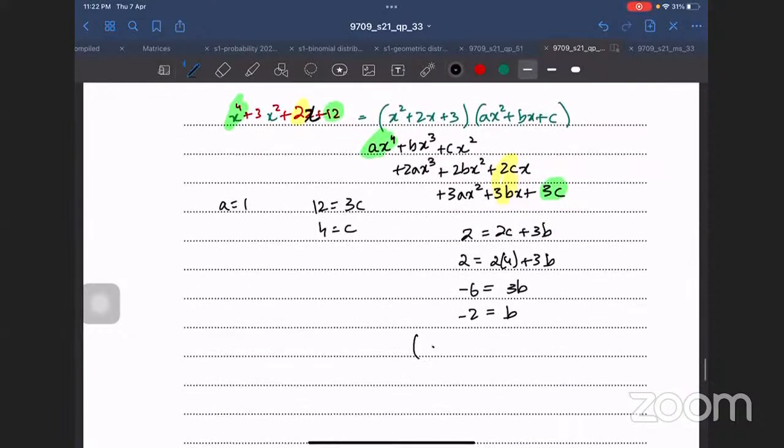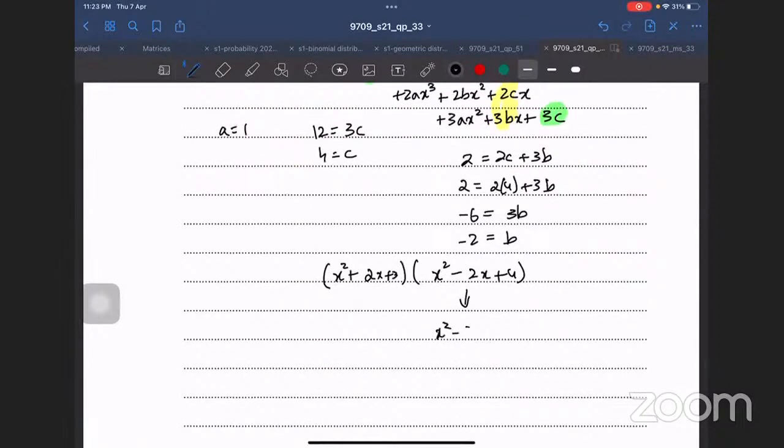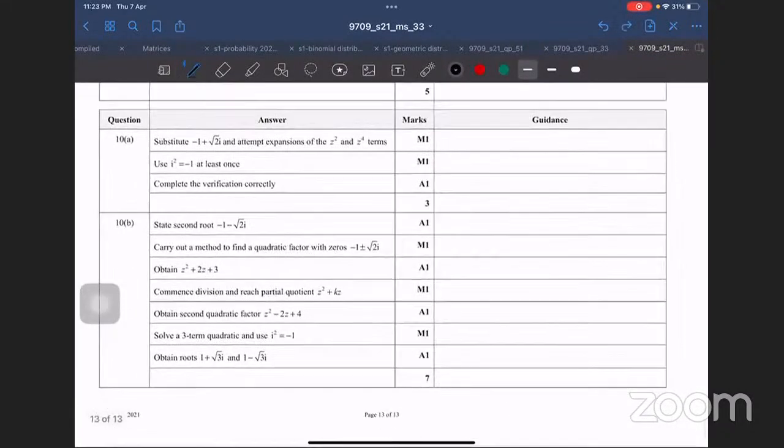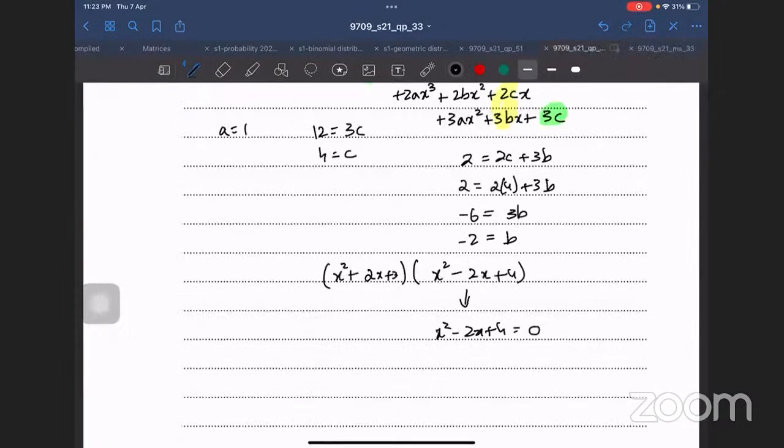Okay, so my expression is x squared minus 2x plus 4, and I already have these two roots. Finding the other two roots means that I need to equate this to 0. X squared minus 2x plus 4 equals 0. So let me just check if I'm doing it correctly so that I don't have an error at the end.